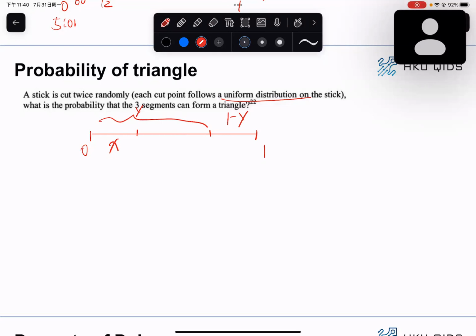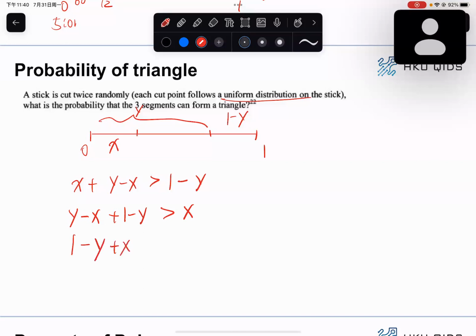So we can have what? X plus Y minus X should be larger than 1 minus Y, and Y minus X plus 1 minus Y should be larger than X. And also 1 minus Y plus X should be larger than Y minus X. And for this one, we can get Y larger than 1/2.